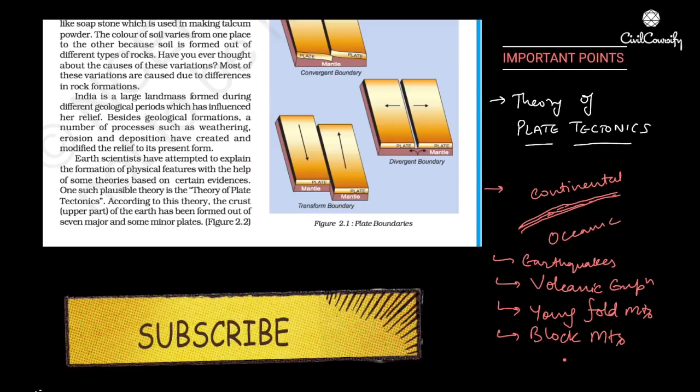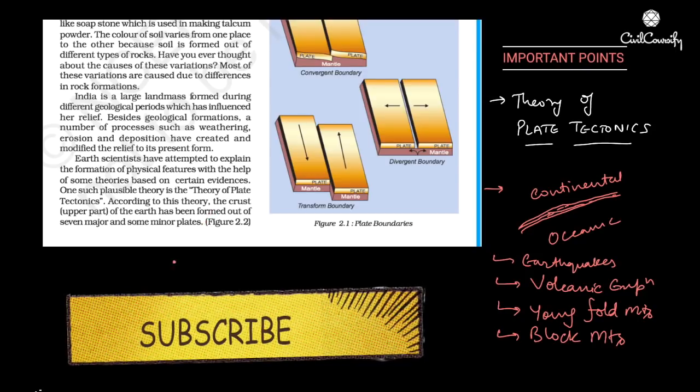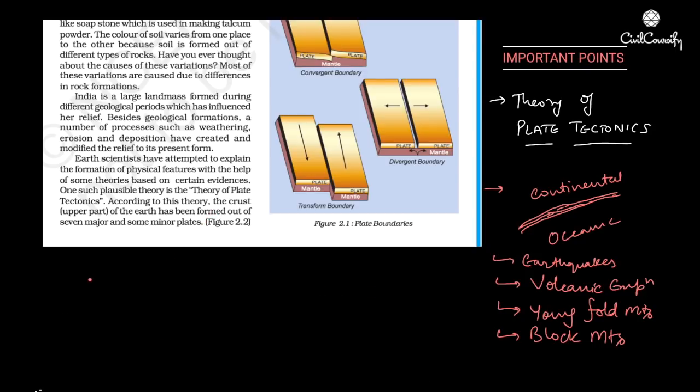So if we summarize the plate tectonics theory, there are three important plate movements. The first one is when two plates, let's say these are the two plates, converge, move towards each other, and this is the gap that is being filled and they strike each other.